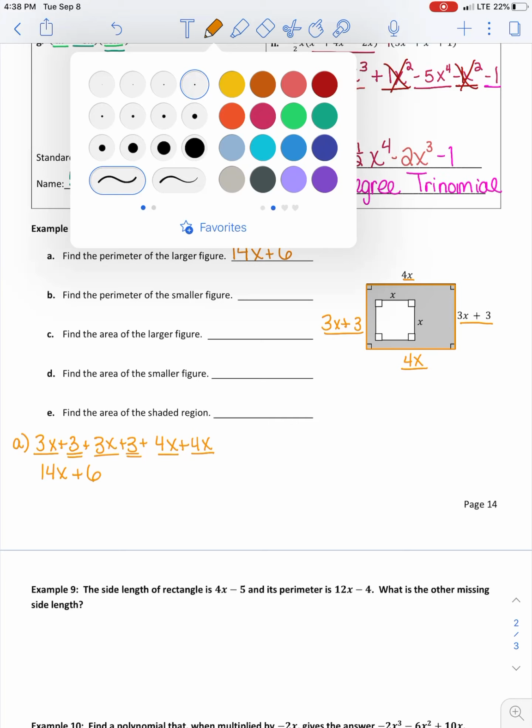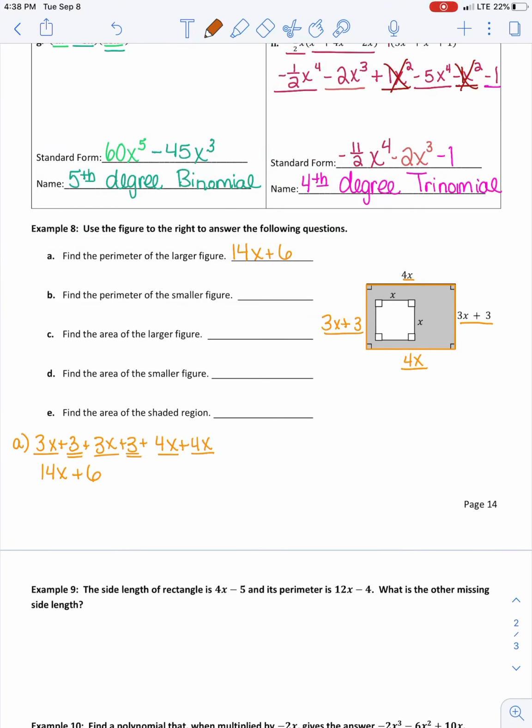Okay, but then it wants the perimeter of my smaller figure. So this time I'm looking here, the figure outlined in that orangey brown. If we know that our sides are both x here, that means the rest of these sides are also going to be x. That is a square. All sides are congruent.